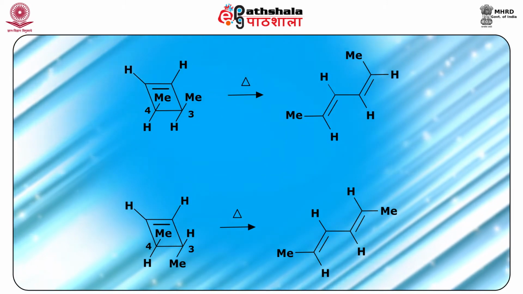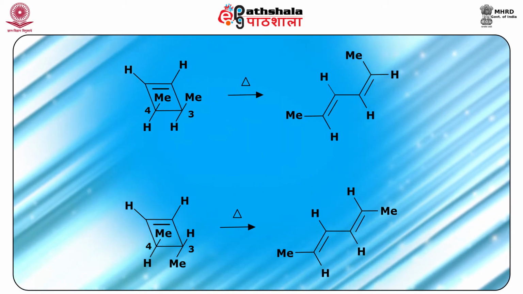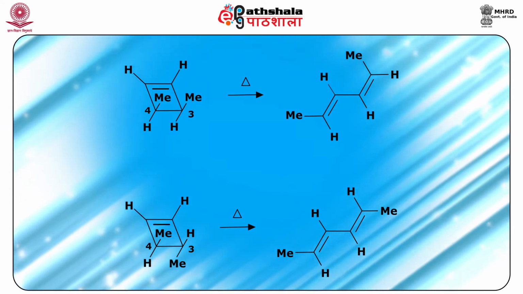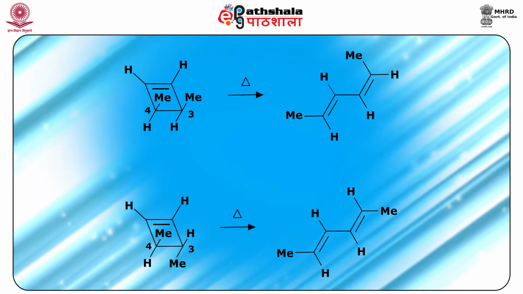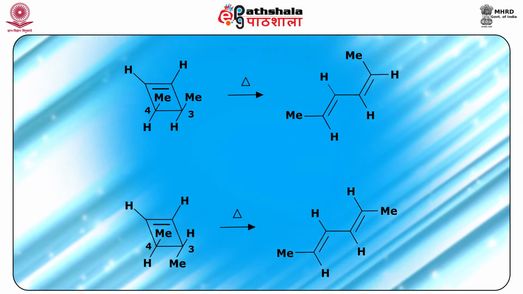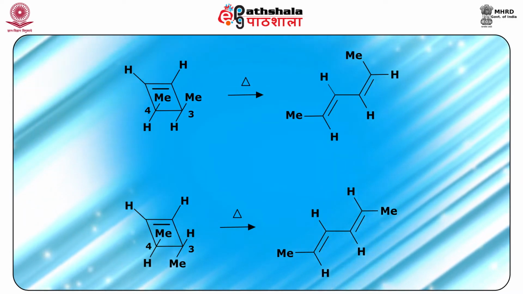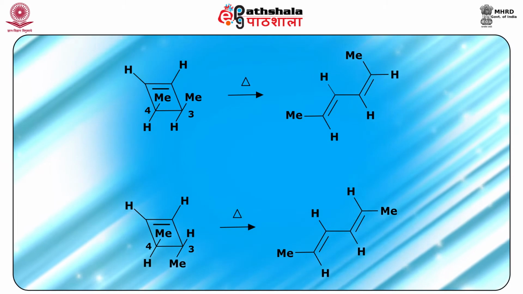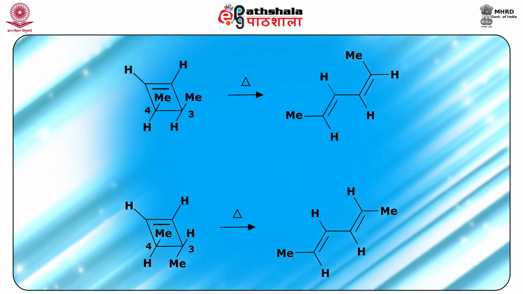In the reaction, cis 3,4-dimethyl cyclobutene on ring opening gave only the cis-trans product, while the trans 3,4-dimethyl cyclobutene isomer led to the formation of trans-trans diene only. These reactions take place via conrotatory motion about the C3-C4 bond in a four-membered cyclic transition state.